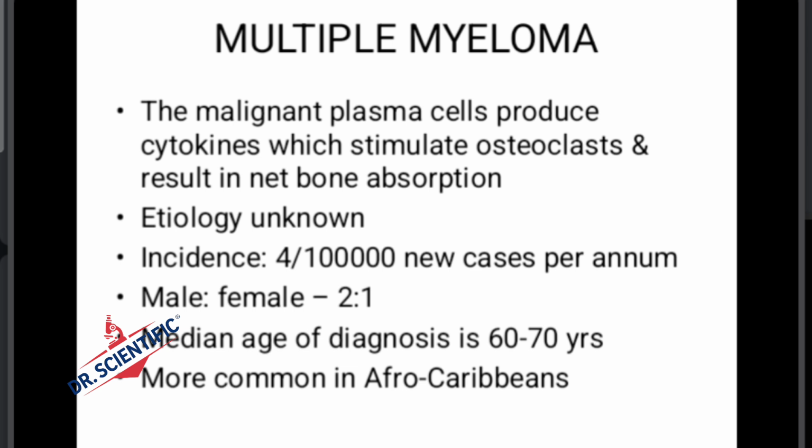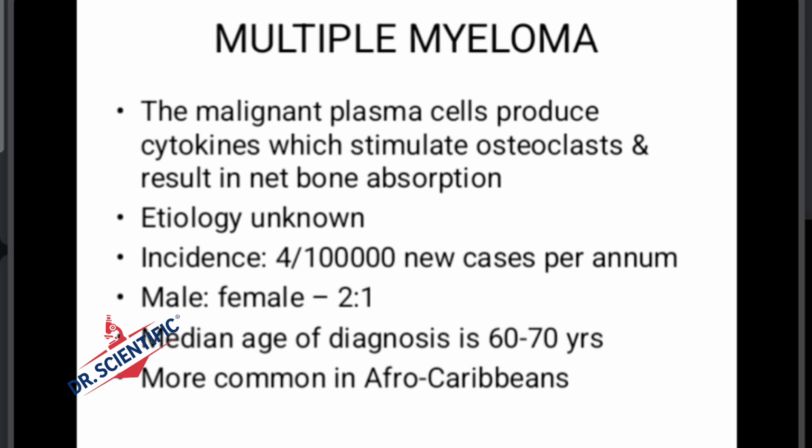If you look at the male to female ratio, it's 2 to 1. So it's more common in males. For every two men with multiple myeloma, maybe you'll find one female. Then the median age of diagnosis is around 60 to 70 years.